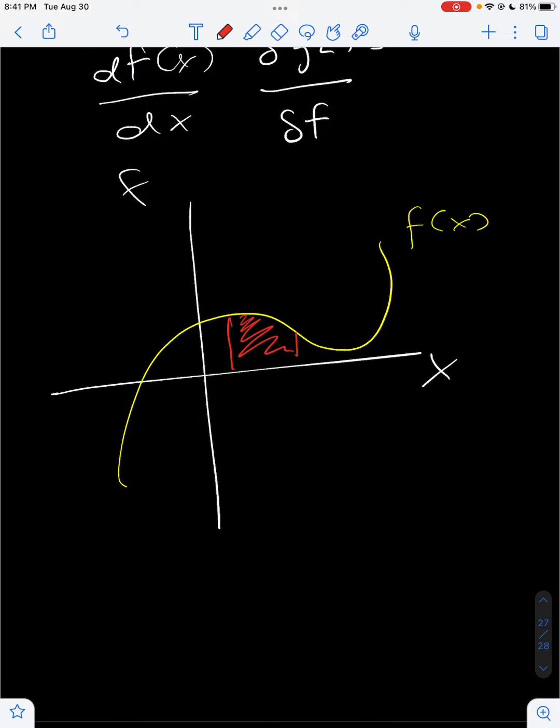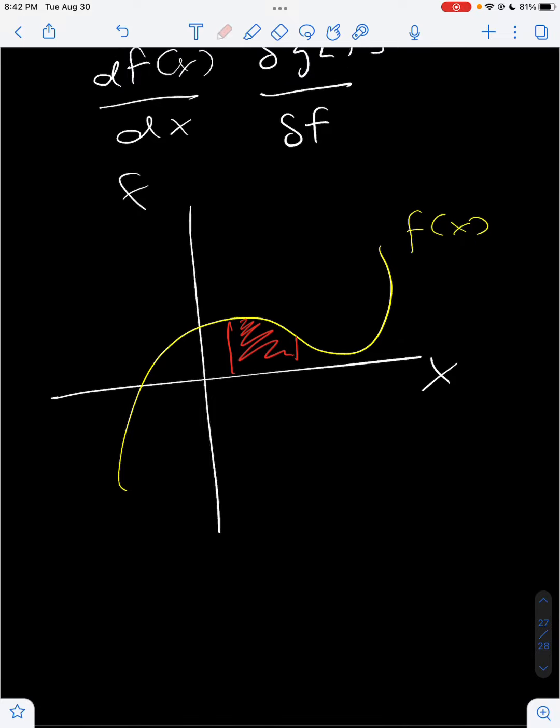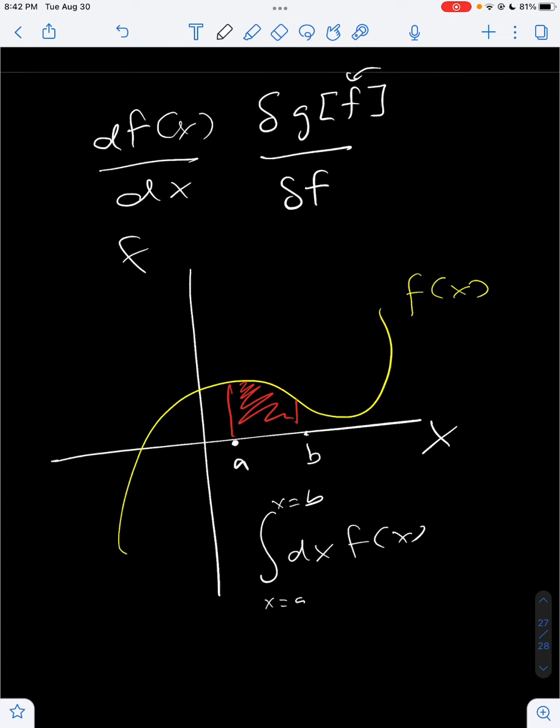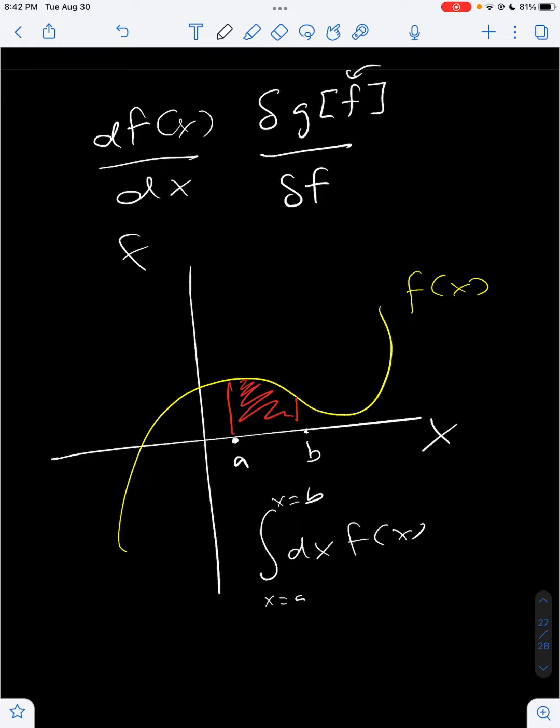So we could do that to functions, right? And this would just be written as the integral dx f of x from x equals a to x equals b, if these points are called a and b, right? And we see that we are integrating over x since we're integrating under the function between values of x.